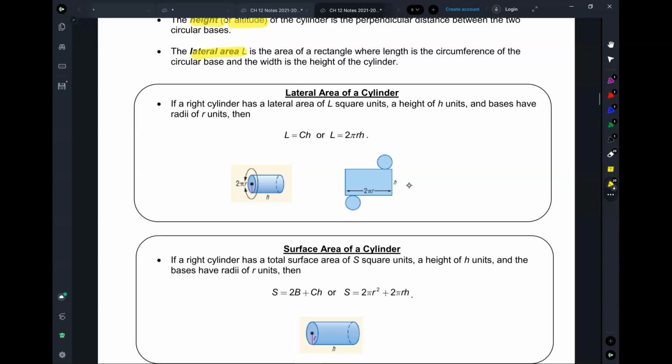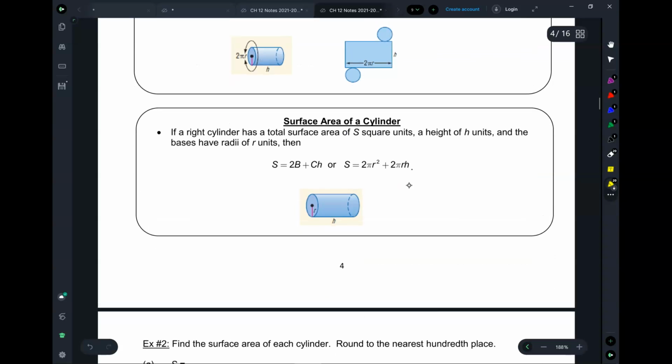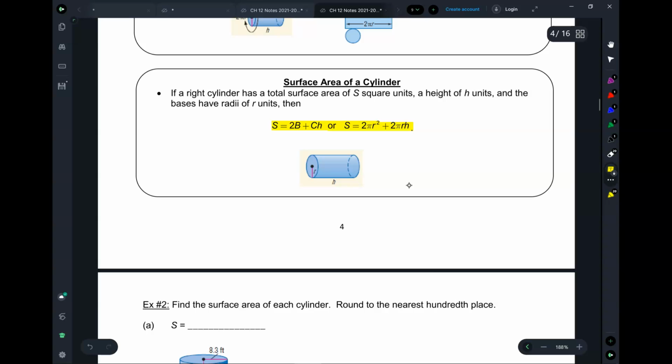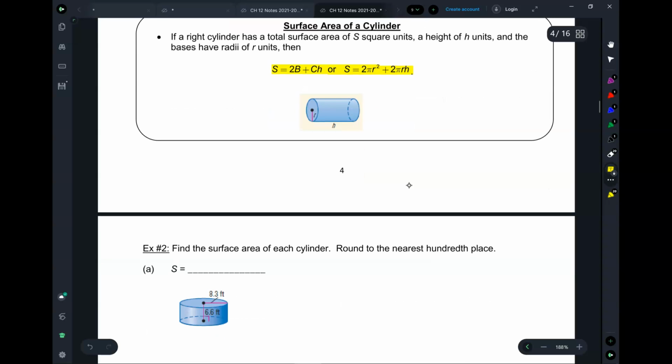And the rectangle has area of 2 pi r times h, circumference times h. Okay, so two ways to memorize the formula, but it's the same thing, right? 2B plus, instead of perimeter, it's the circumference times the height. So 2 pi r squared plus 2 pi r h.